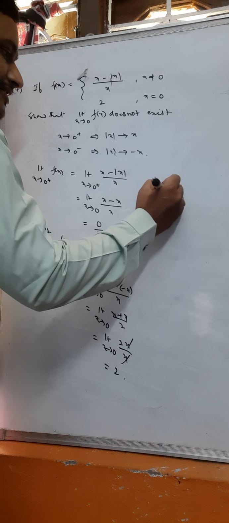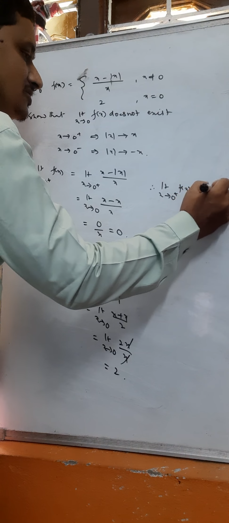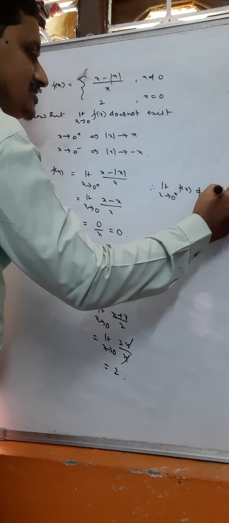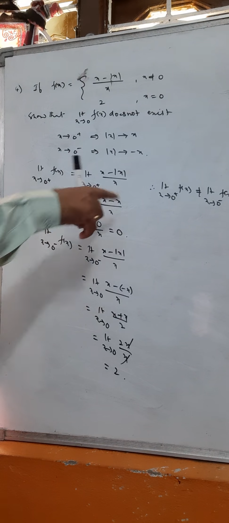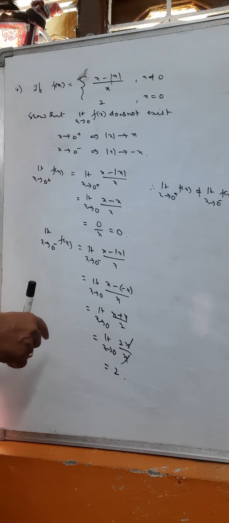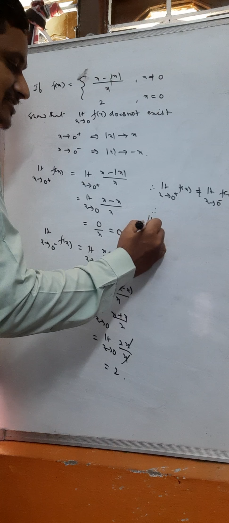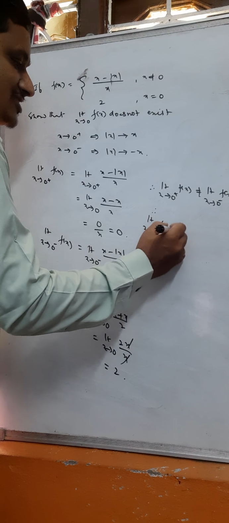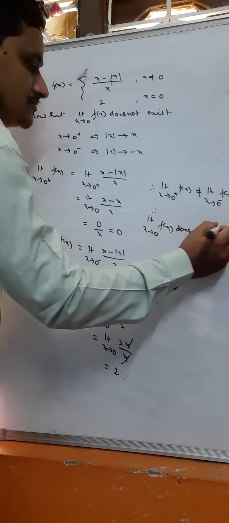So limit x tends to 0 plus f of x is not equal to limit x tends to 0 minus f of x, because it is 0 and it is 2. Therefore limit x tends to 0 f of x does not exist. Right.